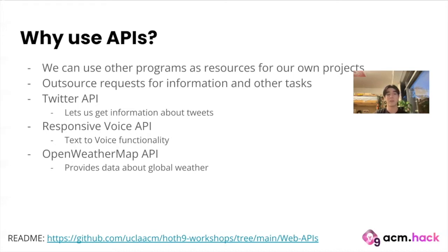Let's say you have some text and you'd like your program to be able to read it back to you aloud. If you use the ResponsiveVoice API, you can do that very easily. Another one is the OpenWeatherMap API.